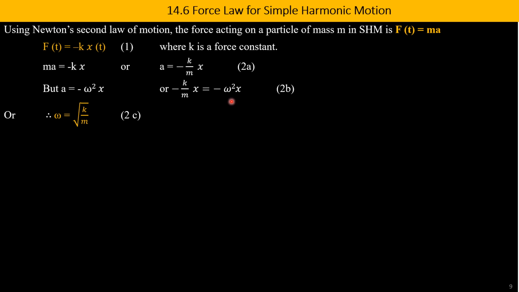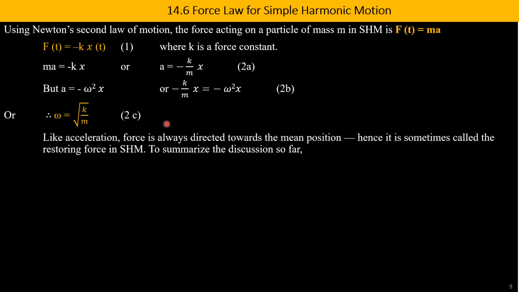Therefore, from equation 2b, X gets cancelled. Omega is equal to square root of k by m. The negative sign also gets cancelled. Let it be equation 2c. So, like acceleration, force is also directed towards the mean position. Hence, it is sometimes called the restoring force in simple harmonic motion.